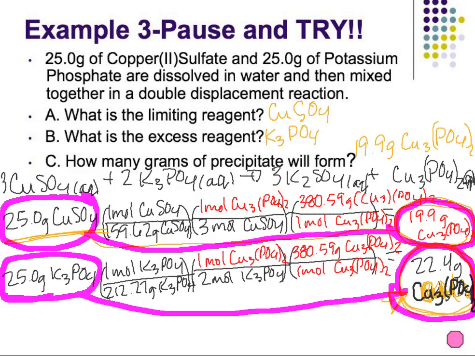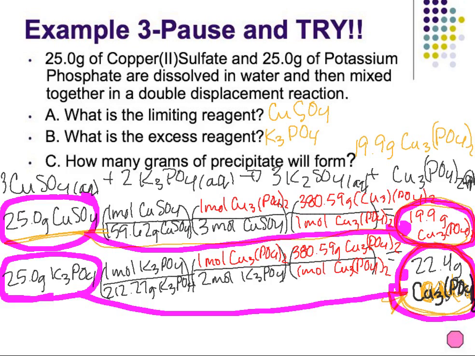So these are choices. It's not additive, it's just choices. Either I could make 19.9 grams of product, or I could make 22.4 grams of product. How you need to think about it, you can only make the smaller amount, because once the smaller amount is formed, you run out of the limiting reactant.